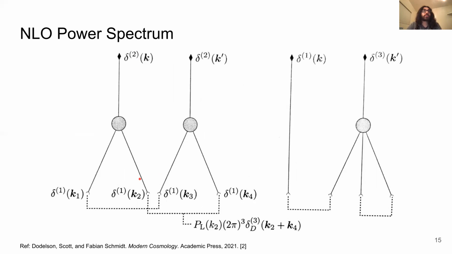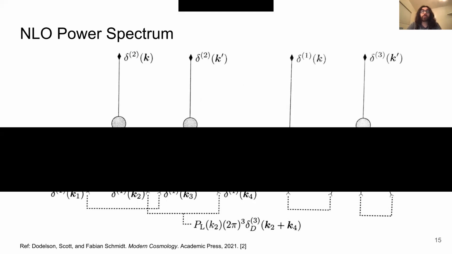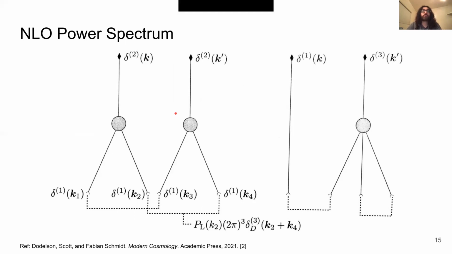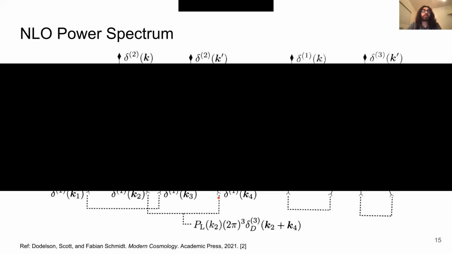And the effect of taking the power spectrum between these two is that their roots, if you want to think of them as these linear deltas here, are coupled. By coupled, I mean they form a power spectrum between them. Right.